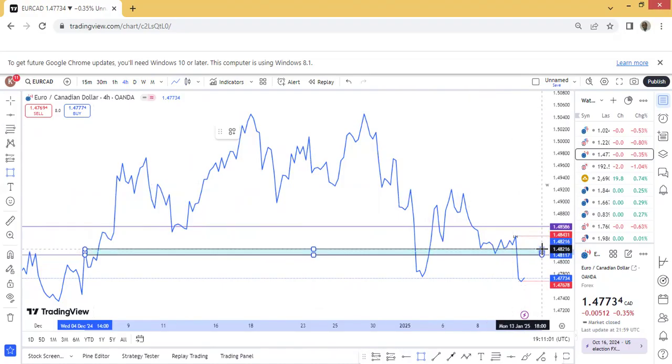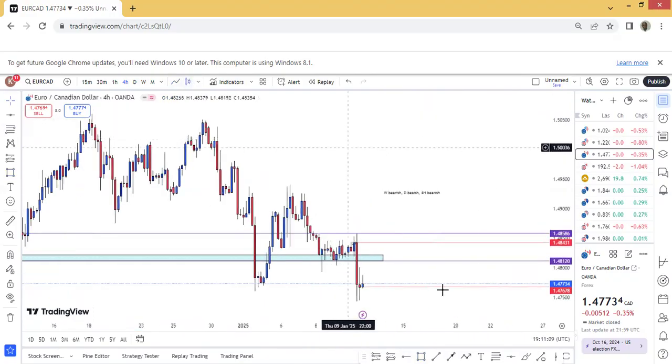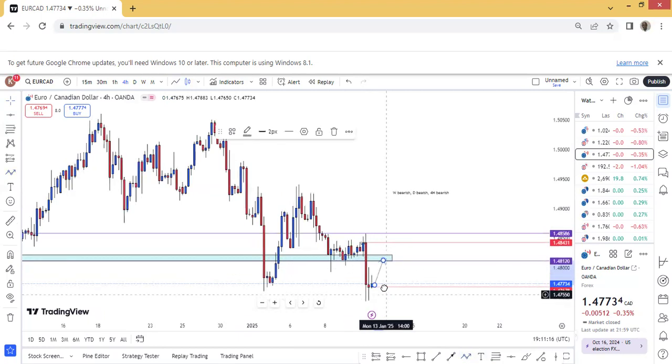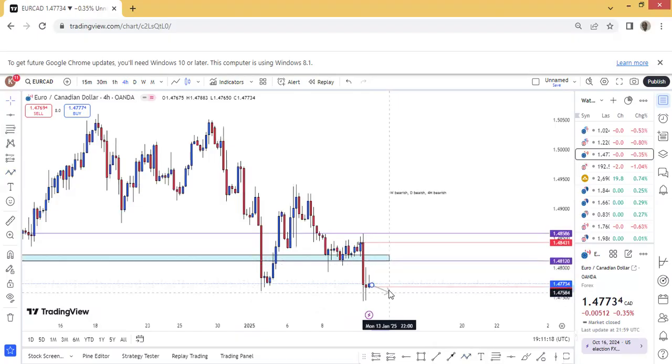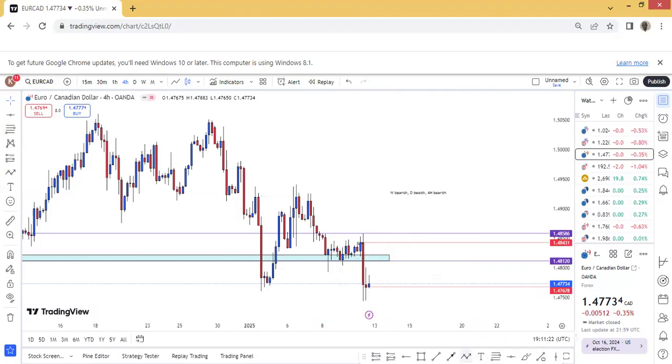If we don't get an entry here and price breaks through, then we will consider the second level. So as it starts now, we'll be expecting that price will pull back into this zone. And then from there we'll continue with our sell.